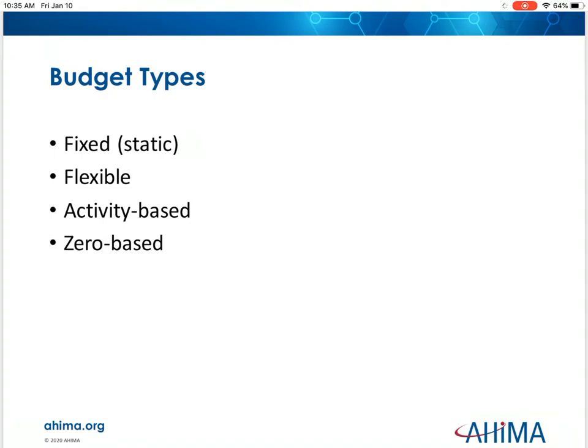So if I plan to spend $500 a month for groceries, and I actually spend $600, then my budgeted amount was $500, but my actual was $600. And so now my variance is going to be $500 minus $600.